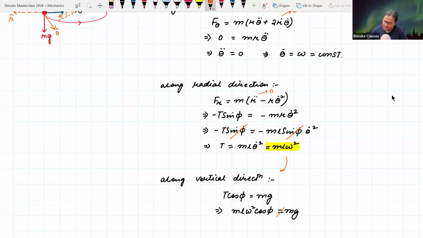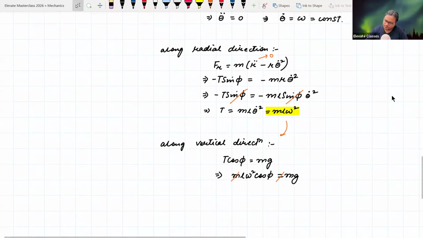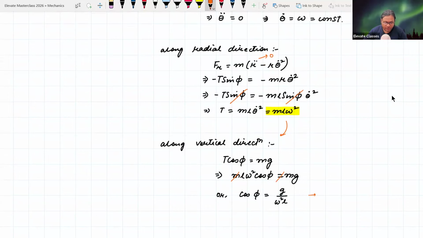So m and m get cancelled, and cos phi is equal to g upon omega square L. This is called the condition of vertical equilibrium. So if it is in vertical equilibrium, then this condition will be satisfied. So the vertical angle as well as the angular frequency.